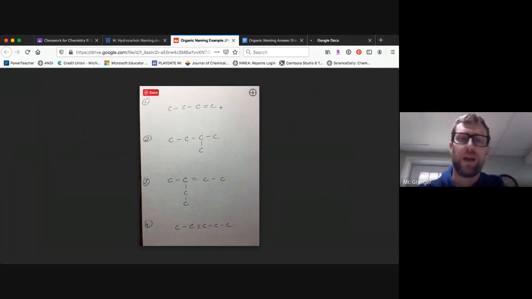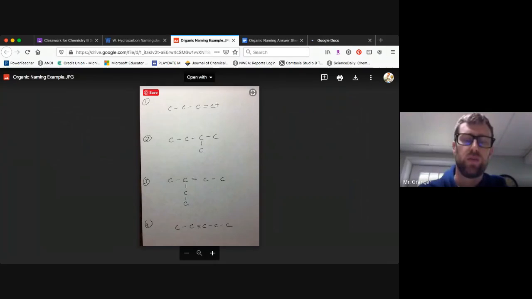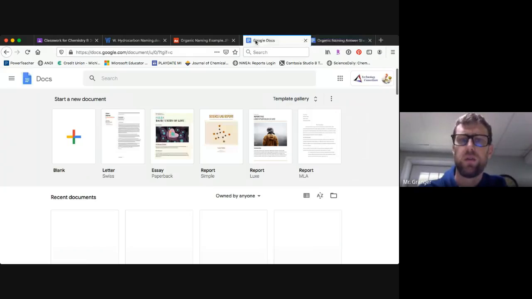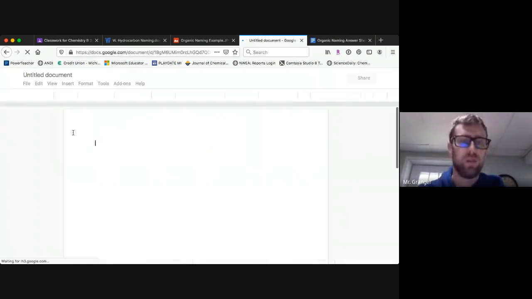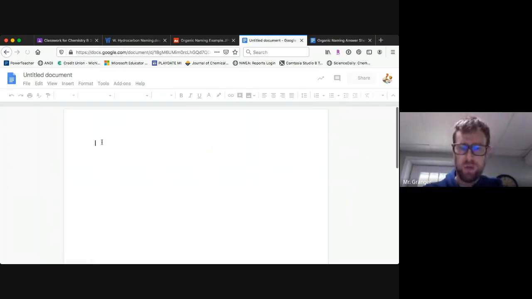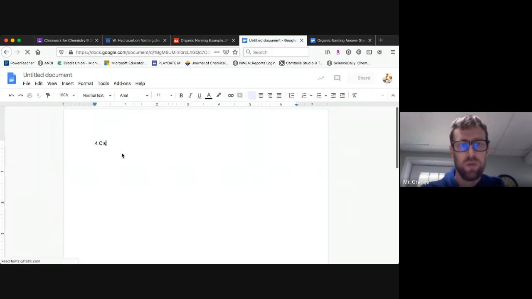Well, if we count up the carbons, you can see that there's 4 carbons. The root, if you go back to the notes from lesson 1, for 4 carbons is bute.